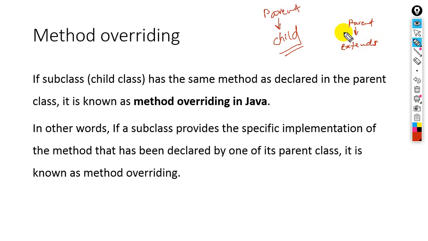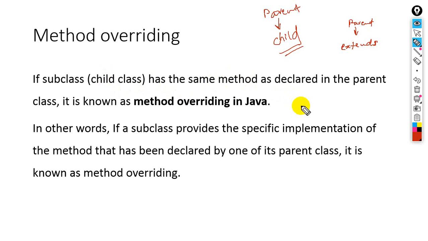Now in this lecture we will discuss method overriding, and you need to know about creating child classes from a parent class. If a subclass or child class has the same method as declared in the parent class, it is known as method overriding in Java.